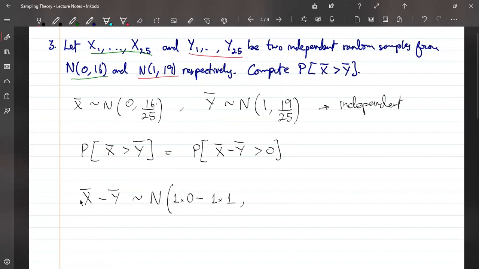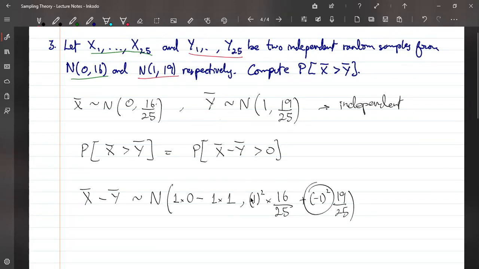So what is happening is, again you have a x bar plus b y bar, where a is 1 and b is minus 1. But remember that in the case of variance, you will get a square sigma 1 square plus b square sigma 2 square. So if I write it explicitly, it's 1 square times the variance of x bar plus minus 1 square times the variance of y bar.